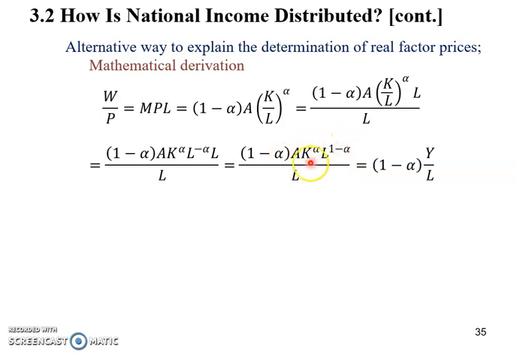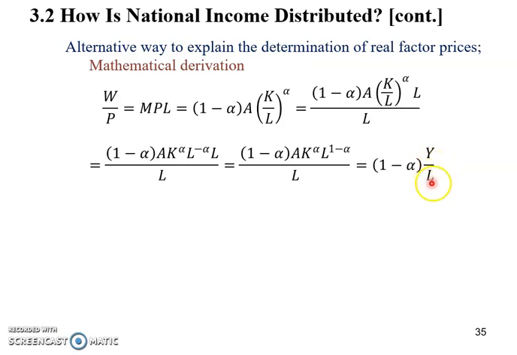This is exactly the production function itself. In other words, this part equals Y, our national income or output. So we can simplify this as 1 minus alpha times Y over L.